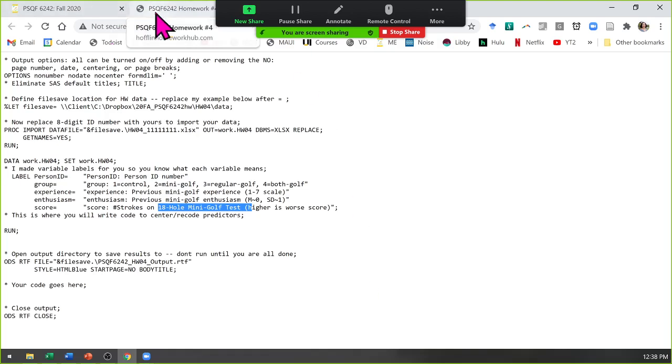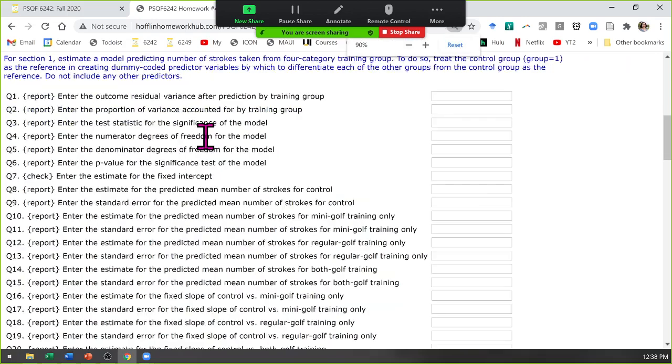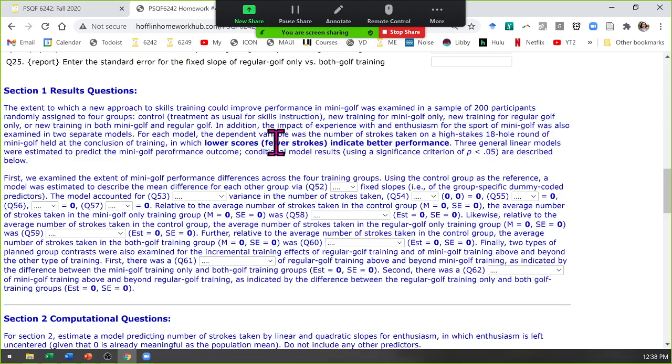Sure. On the questions that ask about lower versus higher, I mean just straight like which number is higher and which number is lower. There's no additional calculus required on that. So which group had a higher score, which group had a lower score, and then what does that mean?